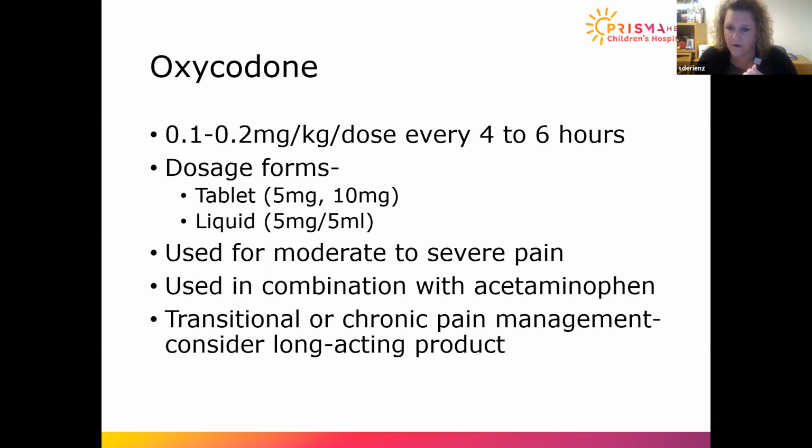That would definitely be a conversation about that transition and how that would be utilized. But again, the long acting formulation is definitely a chronic pain management issue and a long acting product in those patients that would meet that criteria.